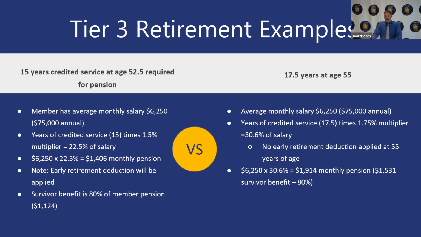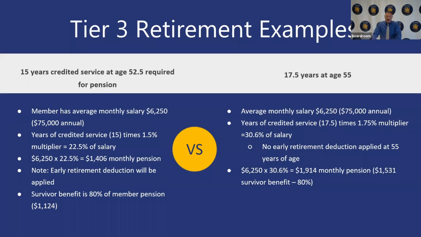But let's also take into consideration that $1,406 is prior to an early retirement reduction. So it's going to be even less than what we're looking at here. I've illustrated below, understanding the fact that the plan offers an automatic survivor benefit for your surviving spouse. That auto survivor benefit, according to statute across all three plans, is going to be 80% of the member's benefit.